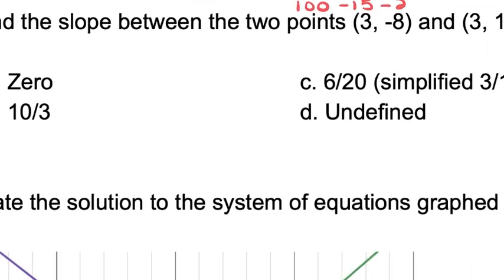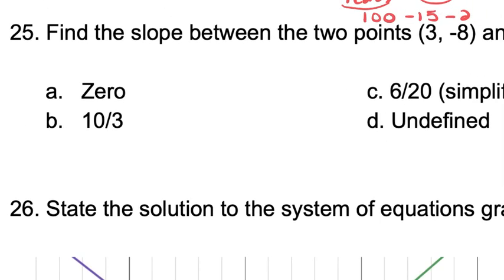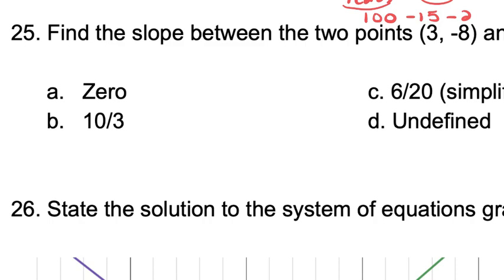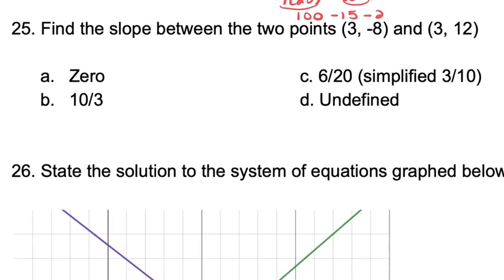From number 25, find the slope between those 2 points. Just remember your slope equation: y2 minus y1 over x2 minus x1. Always y's on top, rise over run.